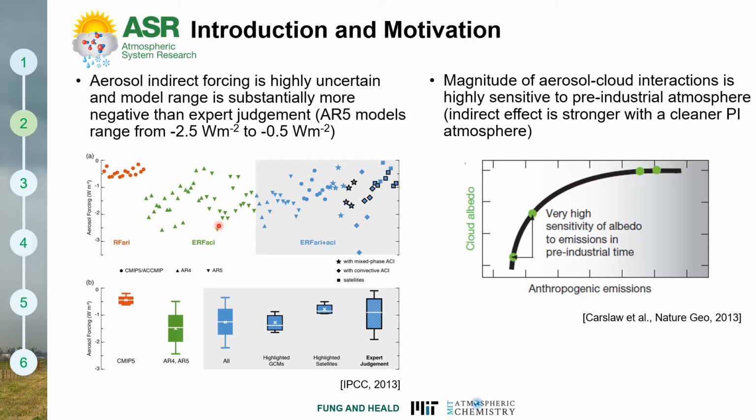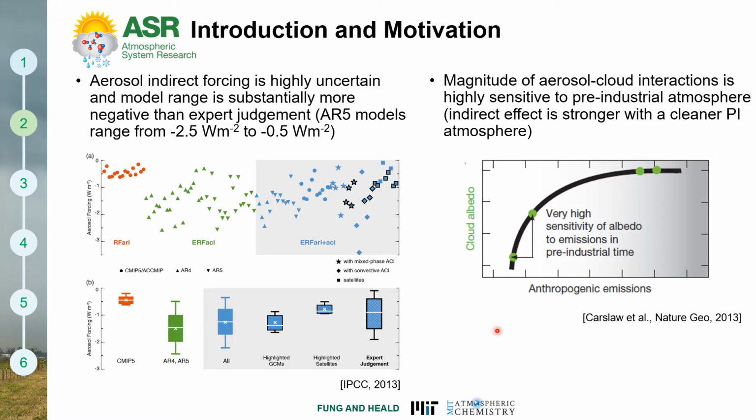So there's somewhat of a discrepancy here between these models, particularly those that have much larger cooling effects from aerosol cloud interactions, and what is perceived to be the central estimate as reported by the last IPCC. And one factor that may play an important role here is the pre-industrial aerosol burden.